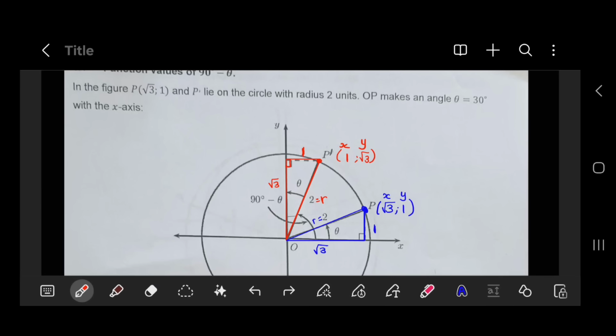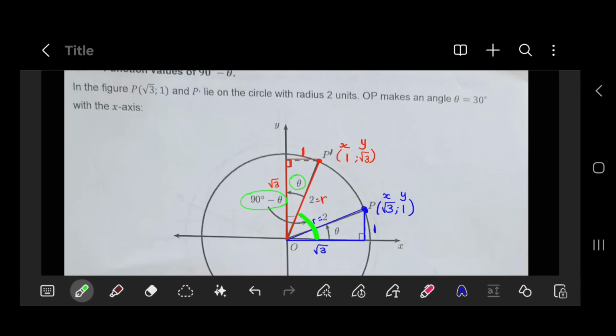The next thing I want to talk about is the angles that we notice here. In both triangles, we've got this angle which is theta. Okay, so the angle is theta, and then there is another angle given to us, which is 90 minus theta. And notice that 90 minus theta represents this portion, which makes sense, right?